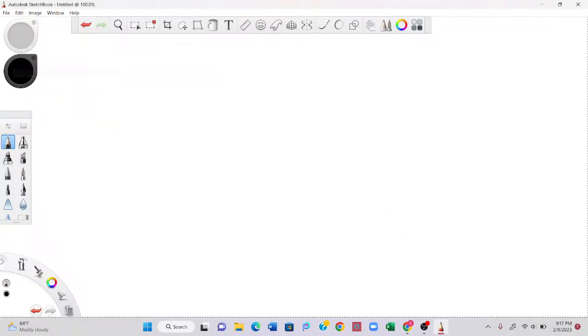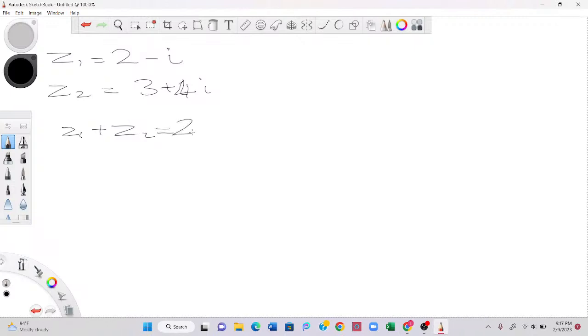So now we can solve some questions. Let's say given Z1 is equal to 2 minus i, and Z2 is 3 plus 4i, and you're supposed to add Z1 to Z2. This becomes 2 minus i plus 3 plus 4i. So you're adding real parts to real parts, imaginary parts to imaginary parts.